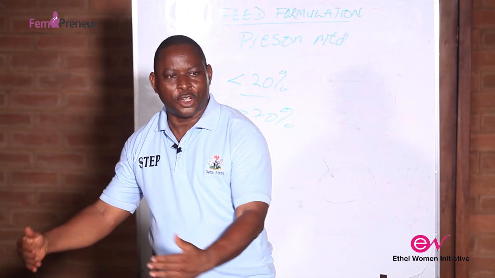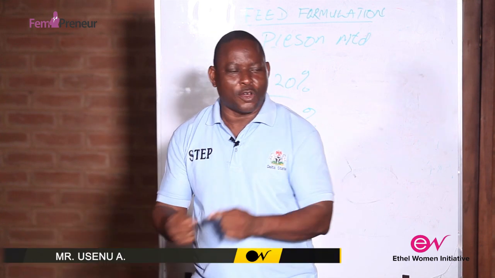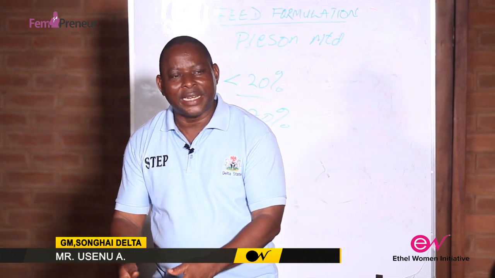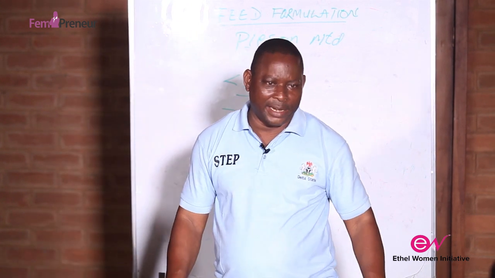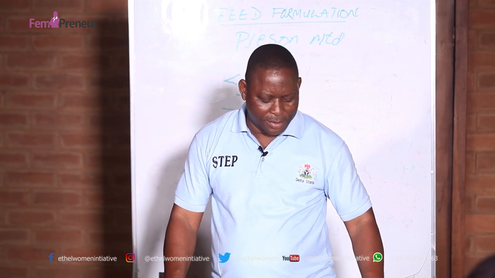We say such raw materials are carbohydrate materials. I hope I'm communicating now. But if we analyze and the protein content is higher than 20%, we say such materials are protein materials. I hope I'm communicating now. Good.